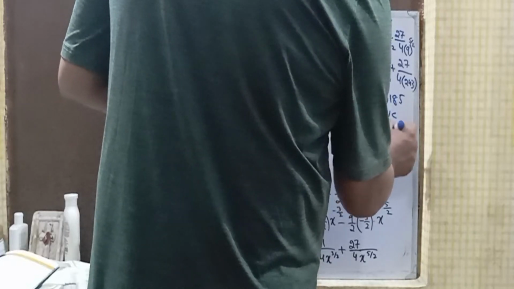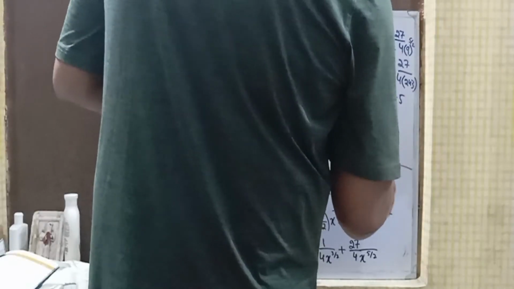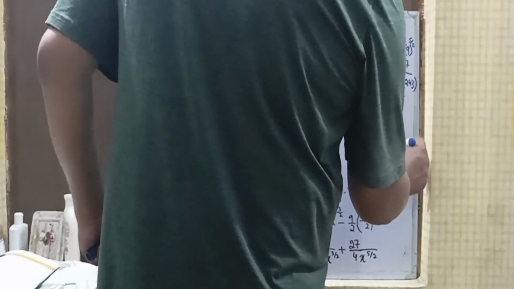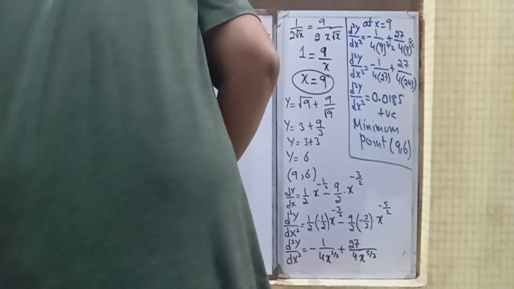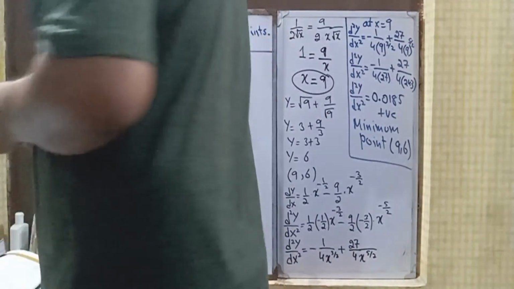This is positive, so this is a minimum point. Coordinates of that minimum point are (9, 6). Let me check. Question number 2A part, the minimum point.